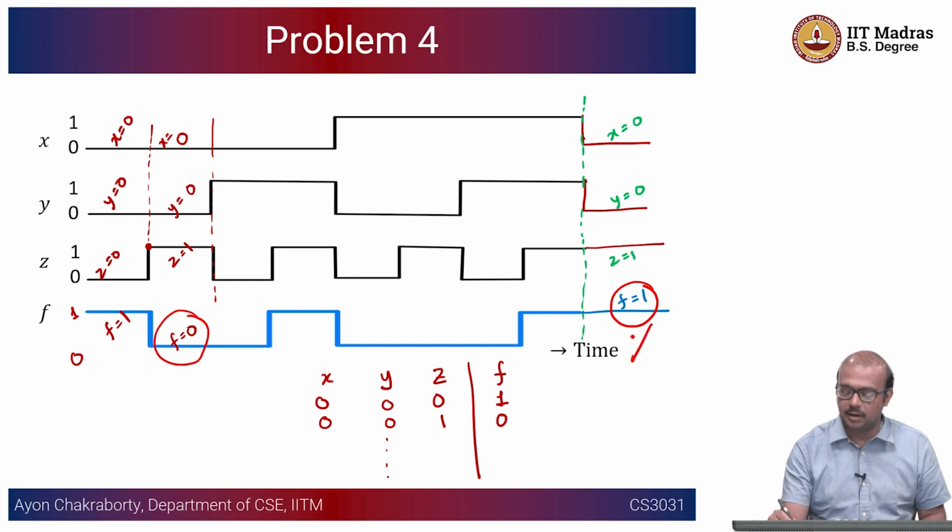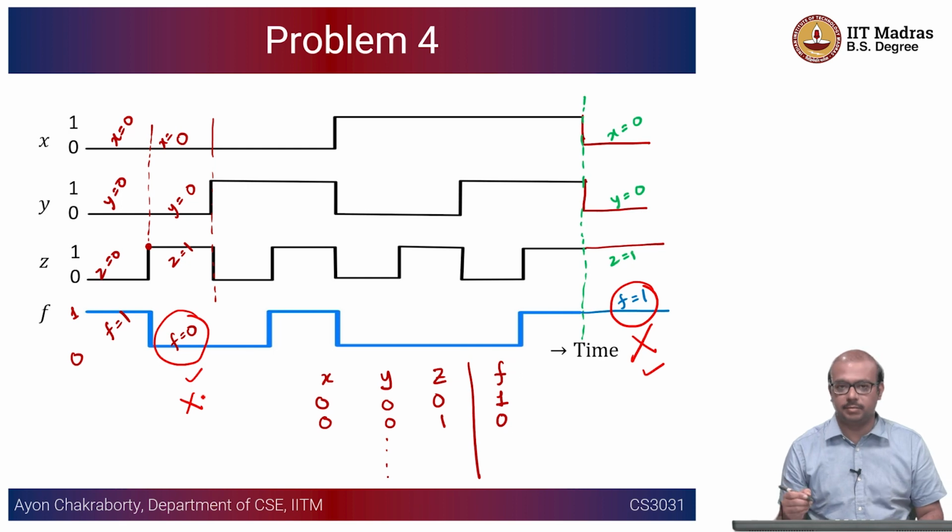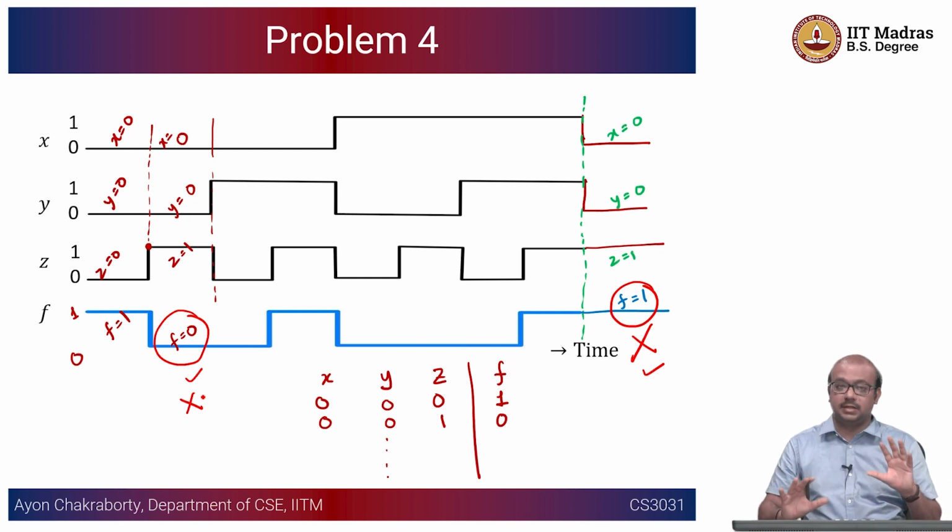Okay, so this cannot happen. Either f is equal to 0 is true or f is equal to 1 is true. Either this is correct, this is wrong, or this is correct, this is wrong. Either one has to be there. Okay, so this is one case where you might have the same inputs repeated, the outputs have to be also repeated. If it is not the case, there is some issue.